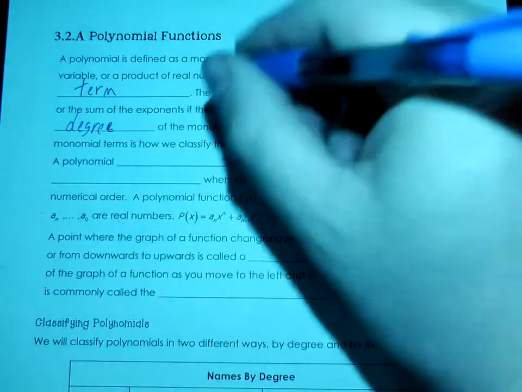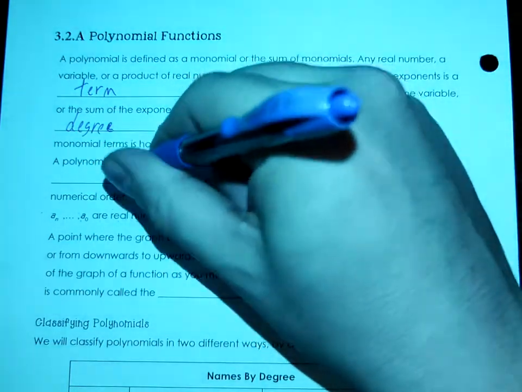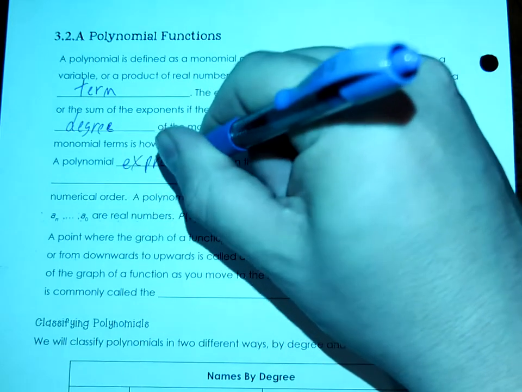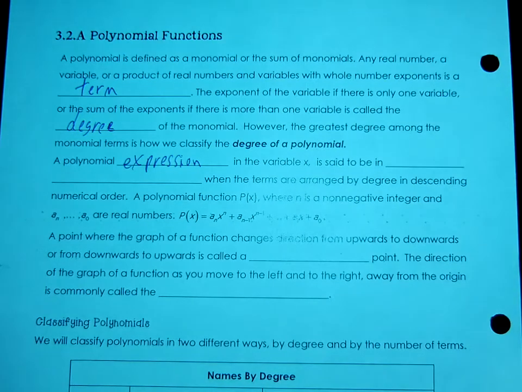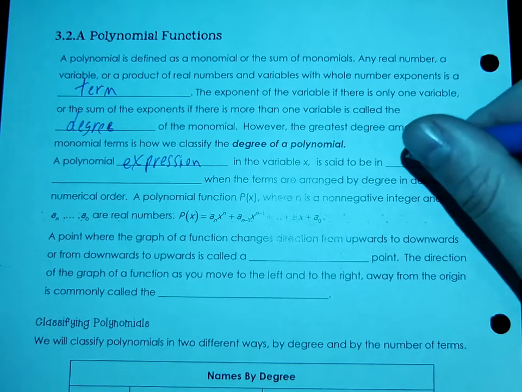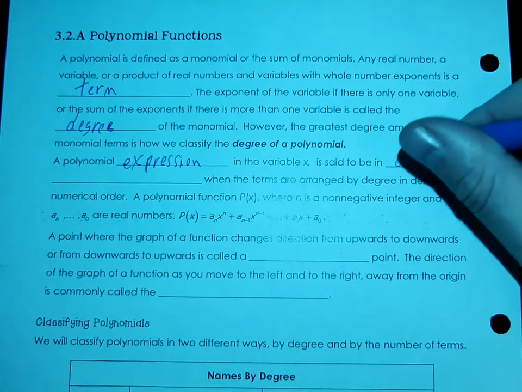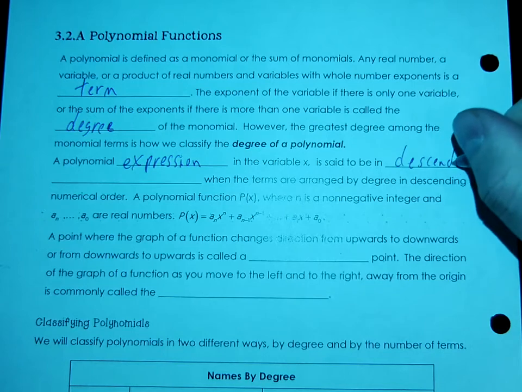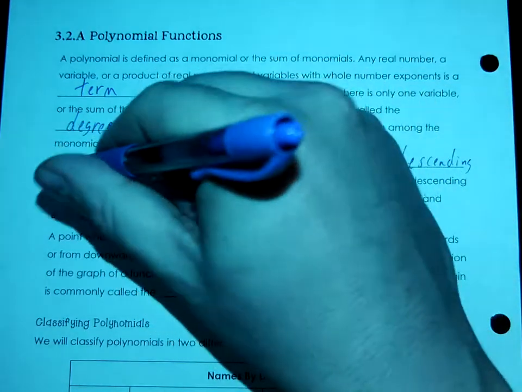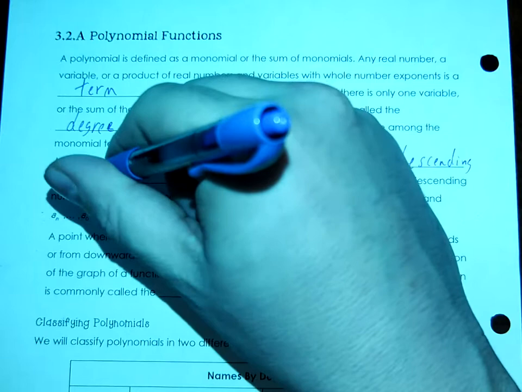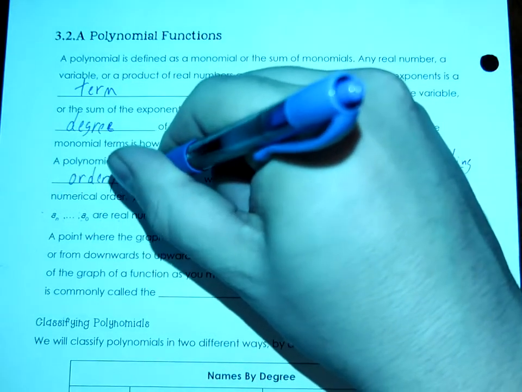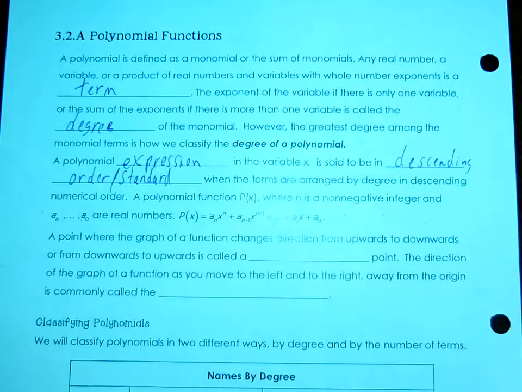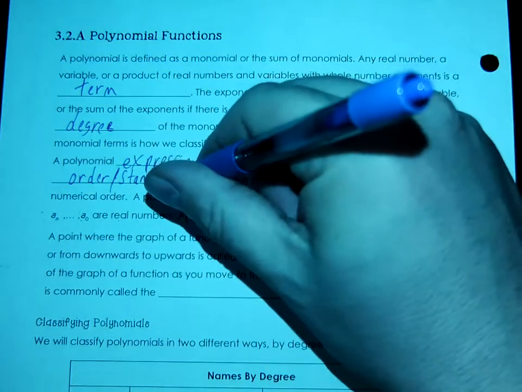Alright, so a polynomial expression, or you could say function as well if it's equal to something. So most of these are going to be expressions today because they're not going to have equal signs, but they can be functions if they have an equal sign. It is said to be in descending order, or you could say standard form as well, which I use later on in the notes, so I'll use that here too.